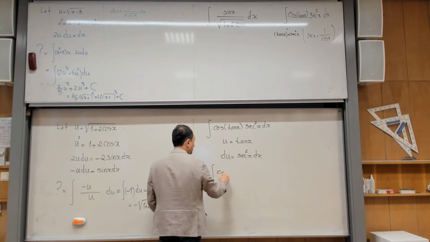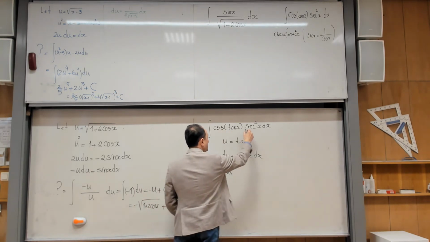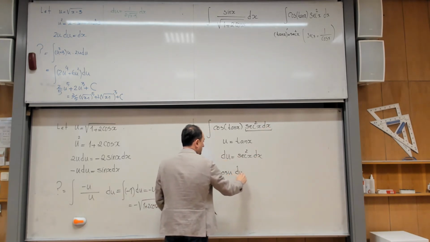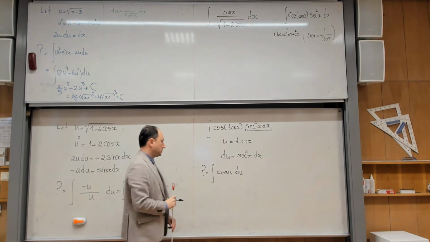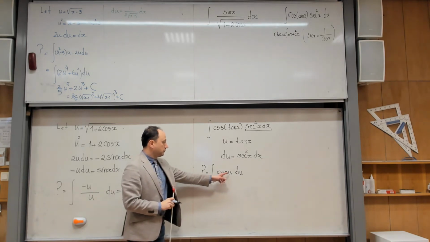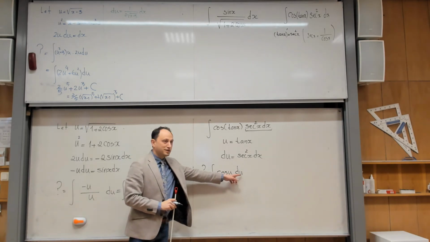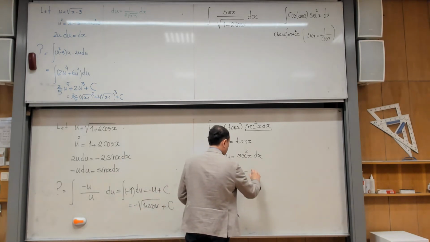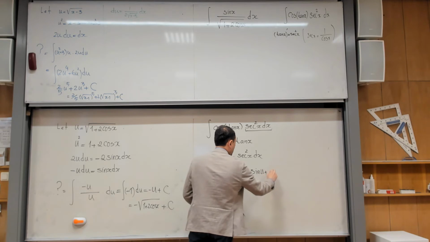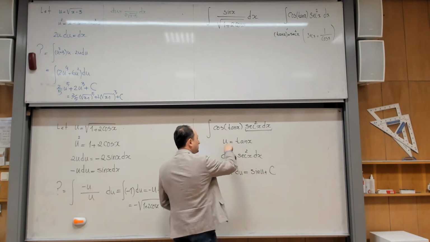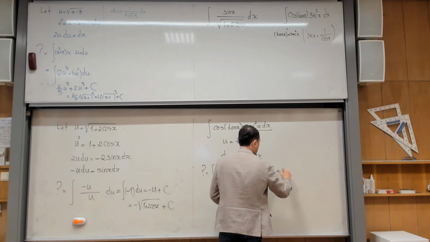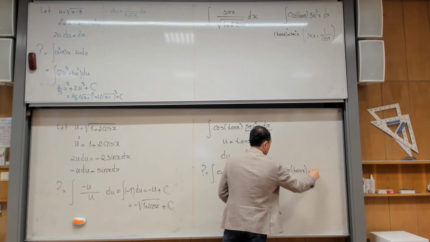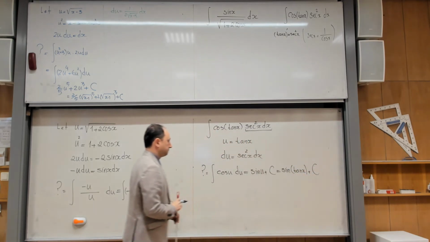Cosine of u, but instead of this part, I can simply put du. Then it becomes a very simple integral. You want to know a primitive function for cosine u when u itself is the variable, and that is sine u, yes? Plus c, and then you have to replace u with tan x. This becomes sine of tan x plus c.